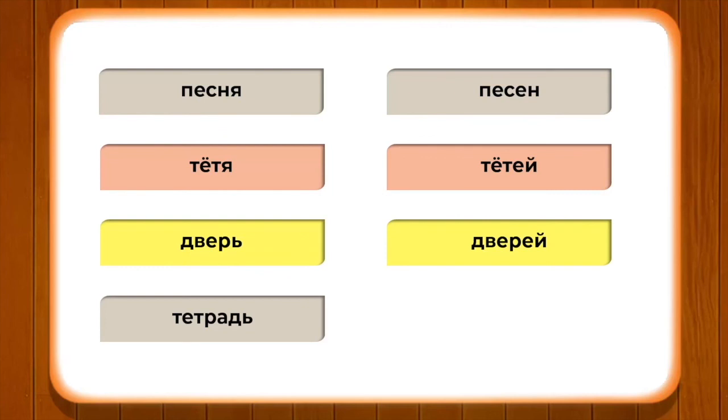Now, let us have some examples. На столе нет писем. Чего нет на столе? Чего, because письмо is basically an example of an inanimate noun in neuter.